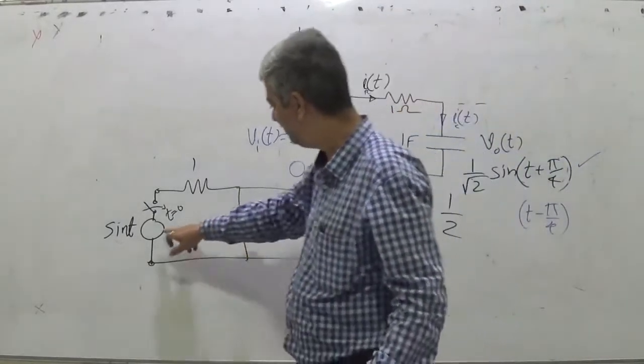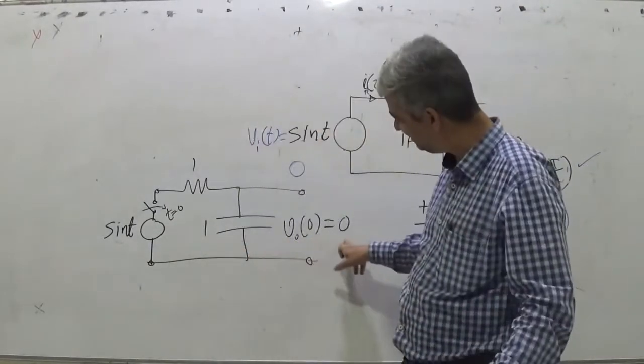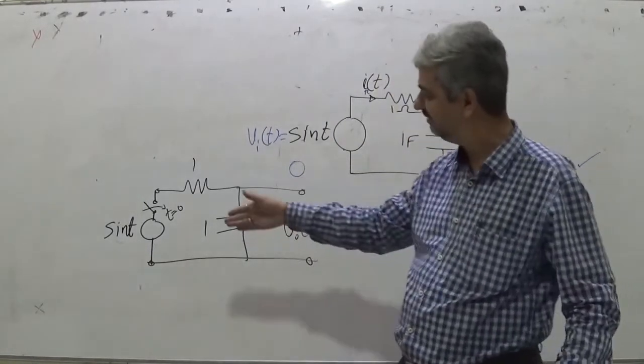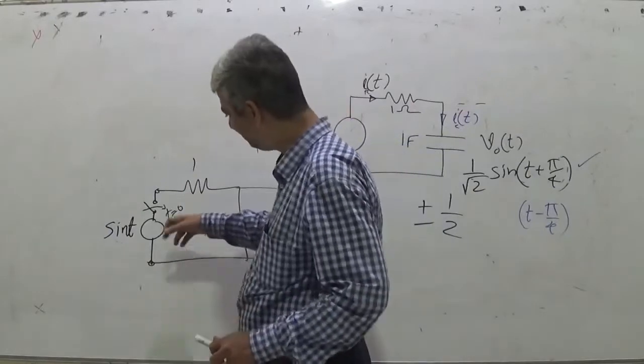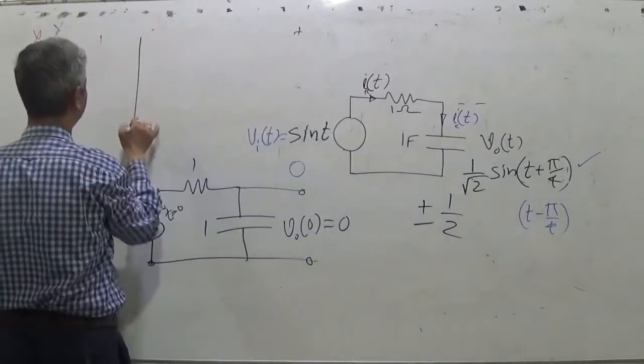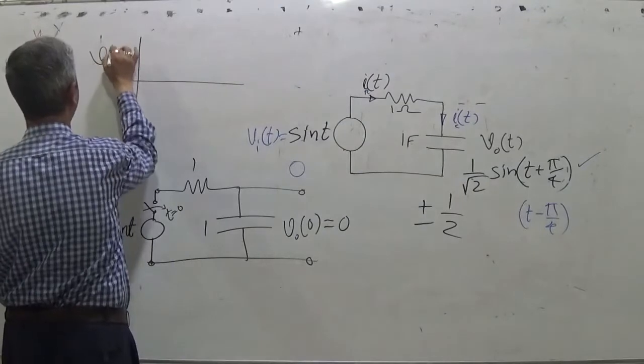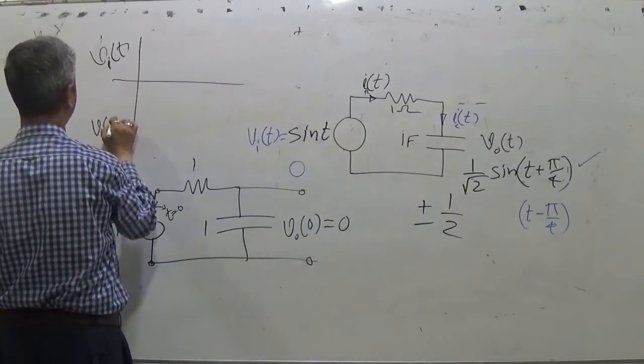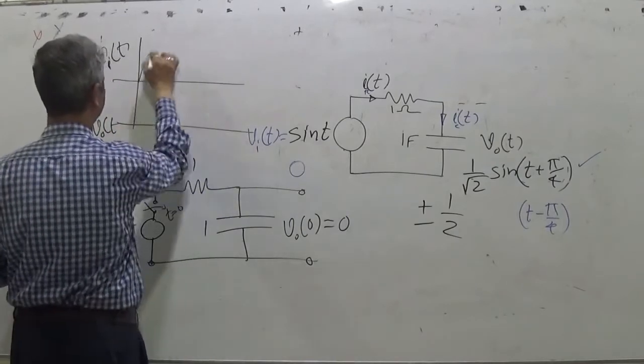Similarly here, when you connect it, initially you find output is 0. Then after, if you plot V in t and V out t, this is very interesting.